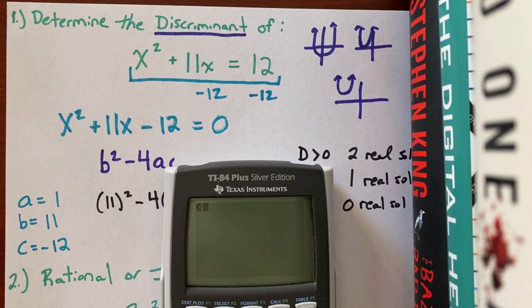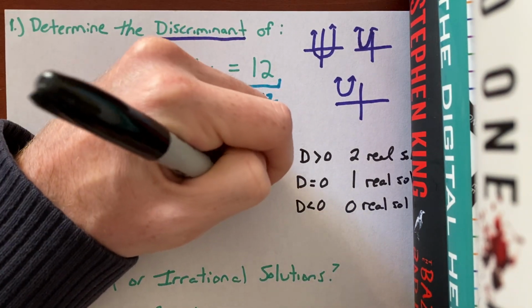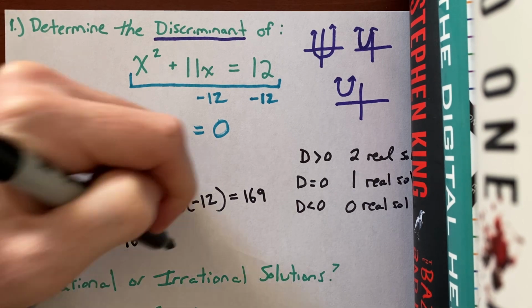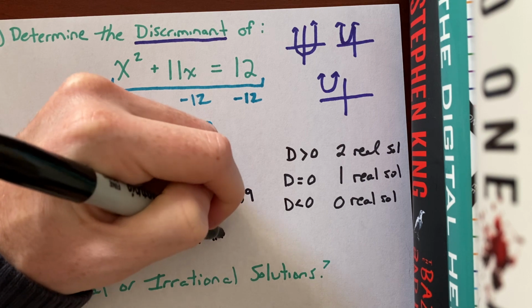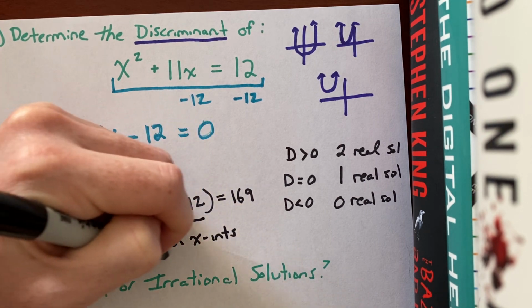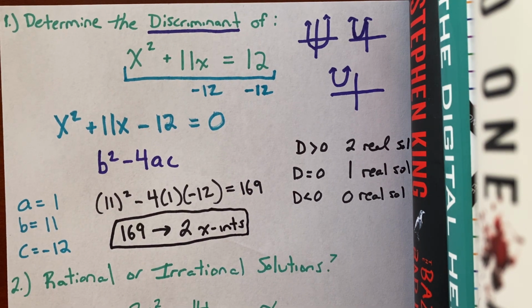We have 11 squared minus 4 times 1 times negative 12, and that gives me a positive 169. So my discriminant is 169, which means you have 2 x-intercepts, or 2 real solutions. Remember, those are synonyms. That's it. First question done.